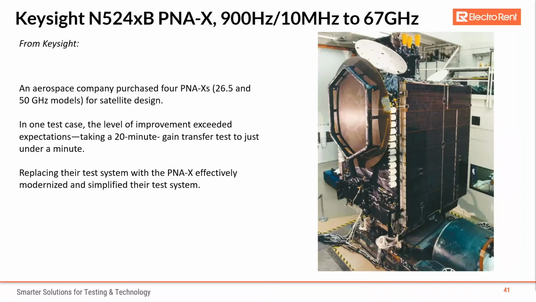This enabled faster test times, including a complete test suite that they use, cutting their measurement times and other measurements that they did from 3 hours to 3 minutes. It reduced the equipment count, replacing a 2-rack payload test system with a single 4-port PNAX box. The smaller test system also helped reduce the amount of equipment space and power consumption.